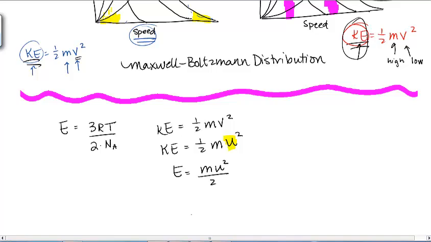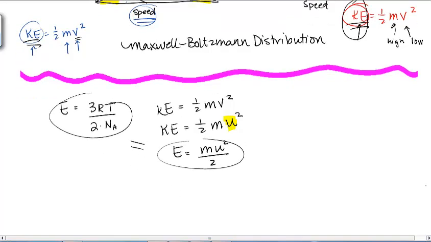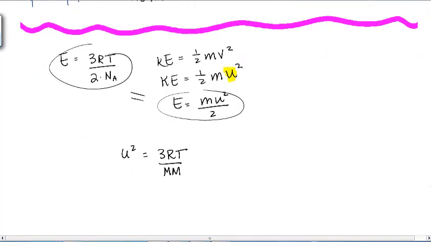If you put these two equal to each other and rearrange it, you end up with an equation that looks like this. And if you want to see the very specifics of that rearrangement, it is in your textbook. It essentially takes into account the mass of an individual molecule and Avogadro's number, to account for the molar mass. So this capital M here stands for molar mass. So speed squared is equal to 3RT over the molar mass, which isn't particularly helpful.